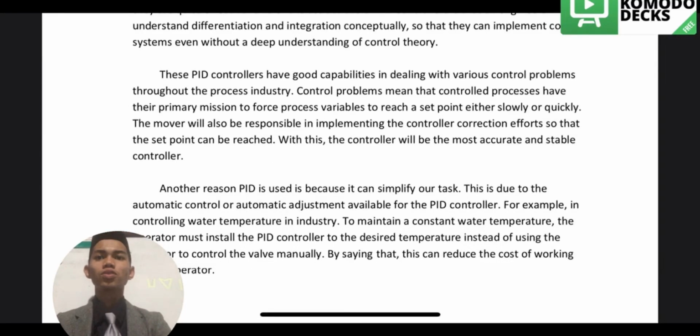These PID controllers have good capabilities in dealing with various control problems throughout the process industry.